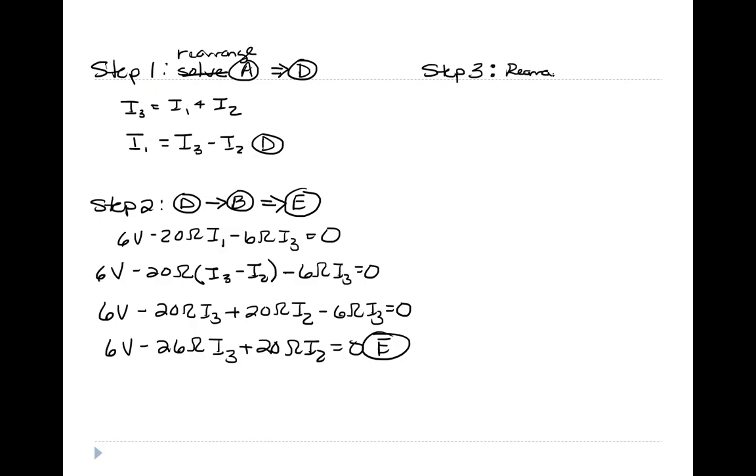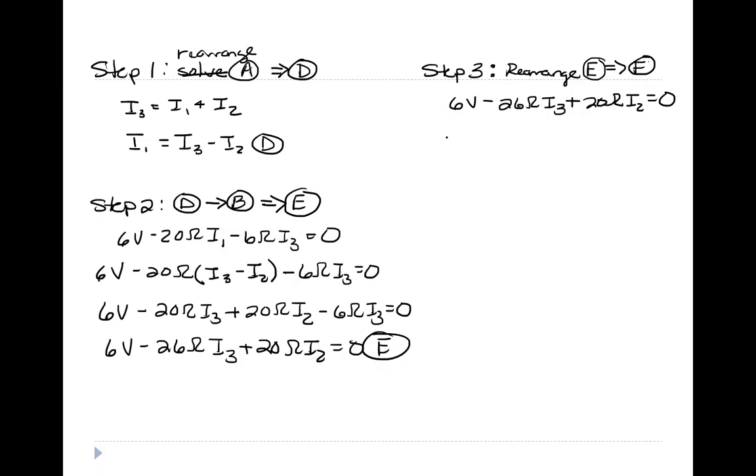So for step 3, I'm going to rearrange E, and that's going to result in the equation I'm going to call F. I'm going to rearrange E such that I solve for I2. Okay, so again, starting by writing down my starting point. That's my equation E. Now I want to solve for I2.